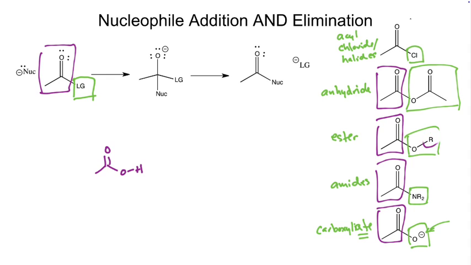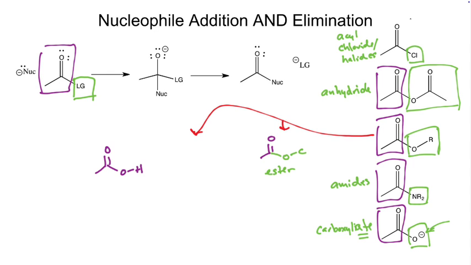That's kind of important because if we look at it as a carbon, this thing is going to split into two categories. If it was connected to a carbon, then the functional group we're looking at is an ester.